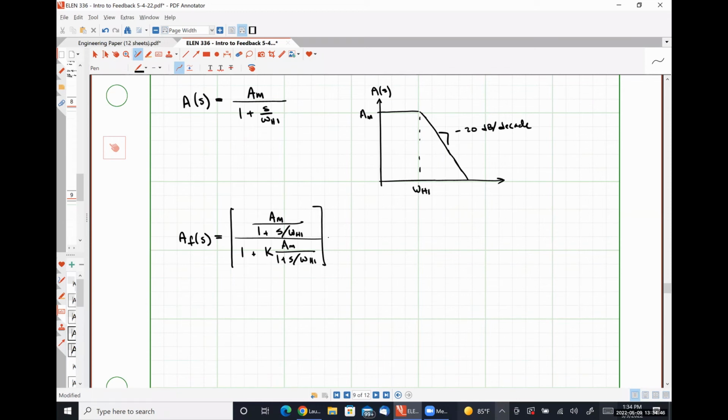And so what I'm going to do now is multiply through by a factor of 1 plus S over omega high over 1 plus S over omega high.